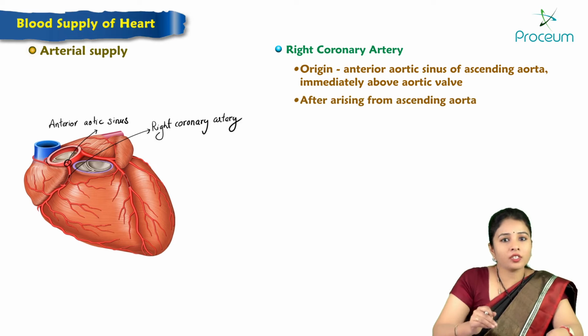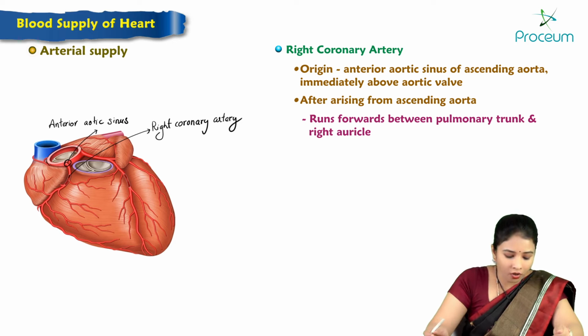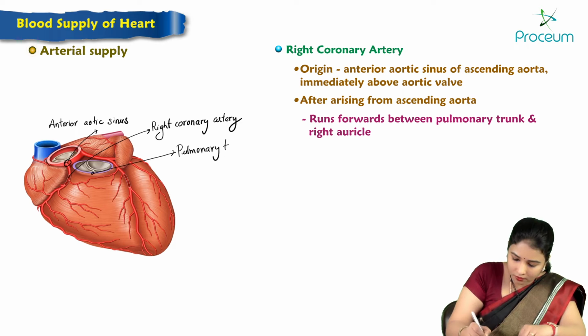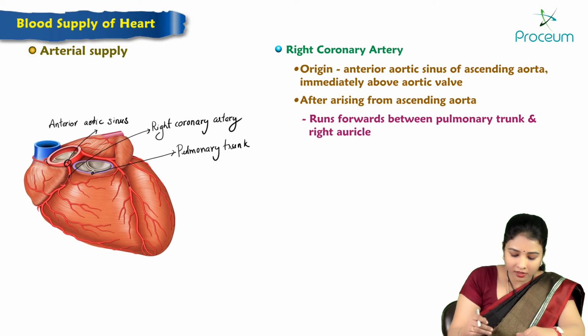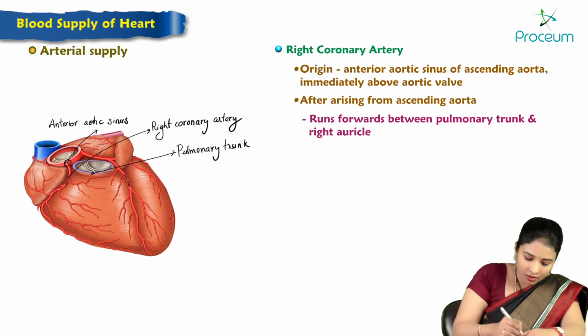After its origin from the ascending aorta, the right coronary artery runs forwards between the pulmonary trunk and the right auricle. Here we can see the pulmonary trunk, which is guarded by semilunar valves.